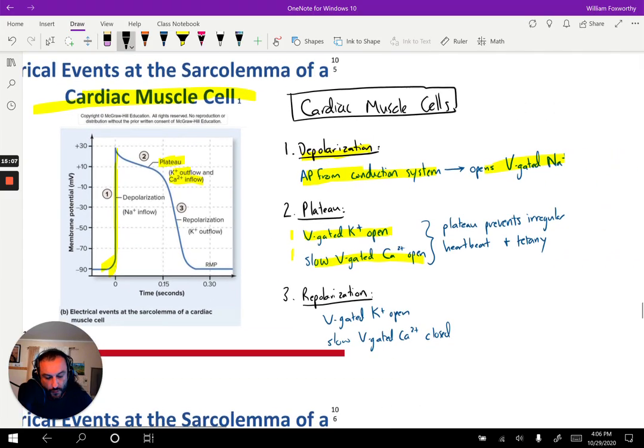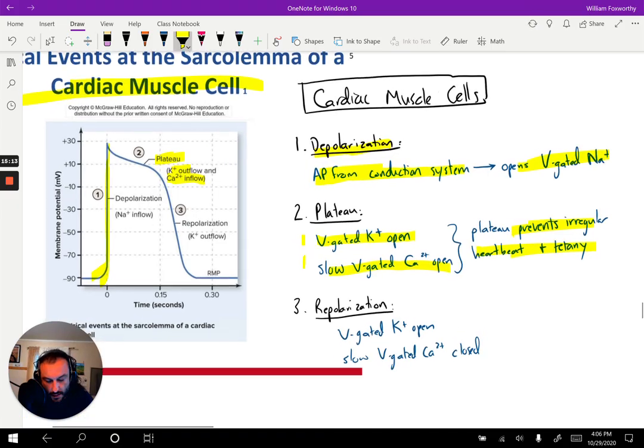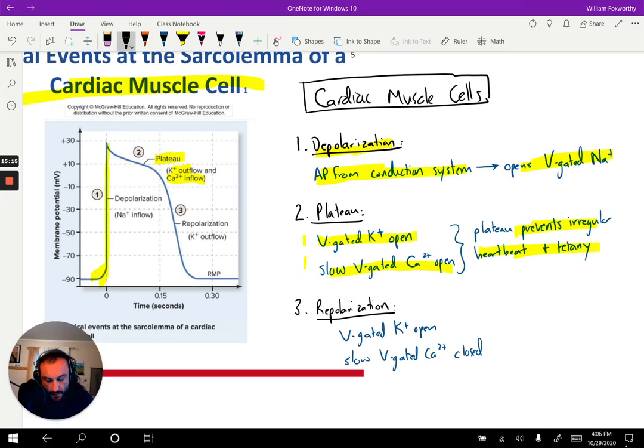And the reason that plateau is important is that it prevents irregular heartbeat and tetany. And we'll see that a little bit more later. But this whole cycle has to complete before the heart cell can be stimulated to contract again. That's unlike skeletal muscle, which you can stimulate to contract over and over and over in a small period of time.